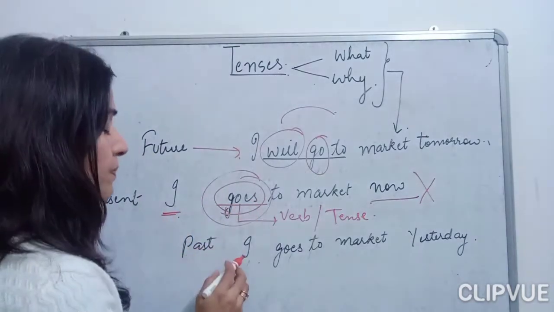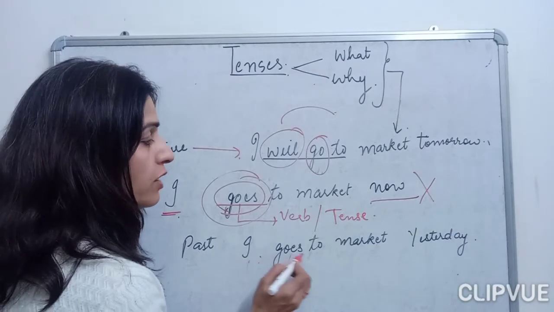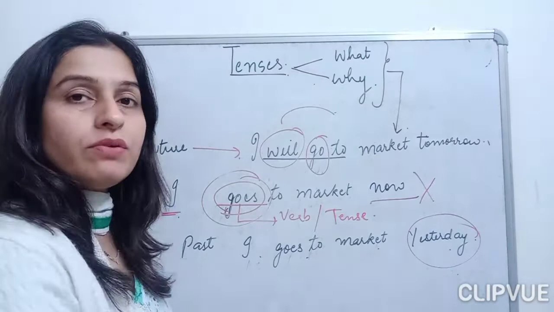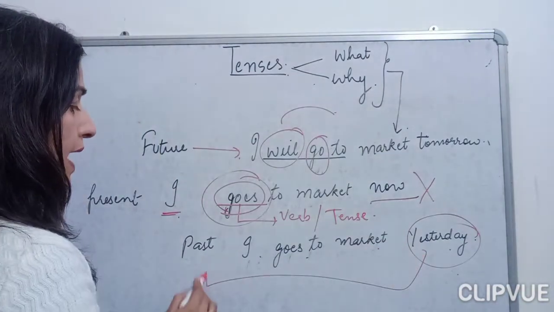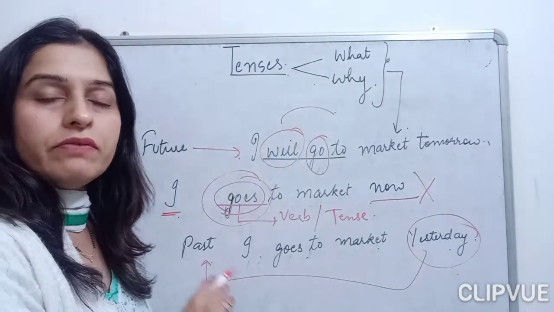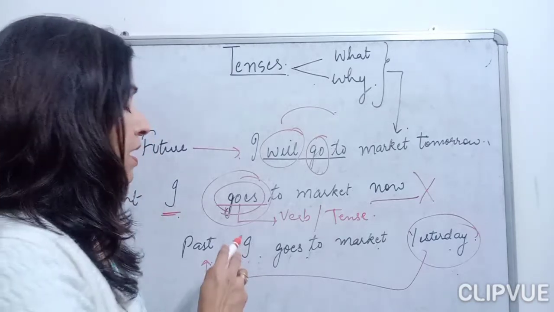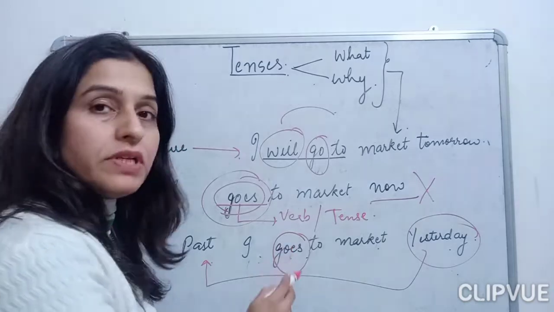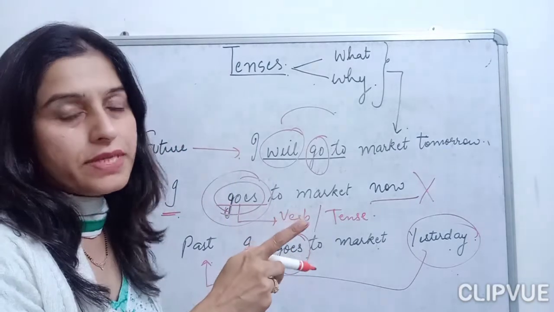Now, suppose I use this sentence: I goes to market yesterday. When he is saying yesterday, what is he saying? That my action is already done, which is in my past. And here I have used my verb goes, which we use for the present tense.